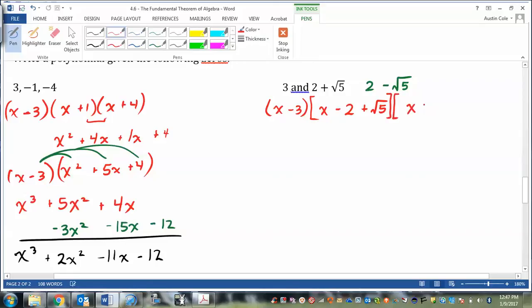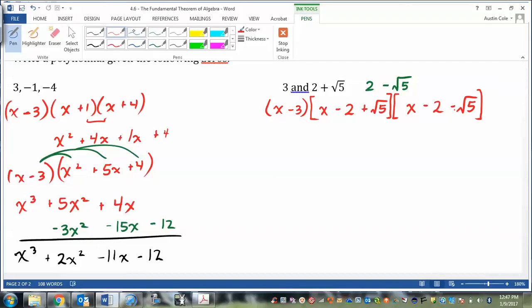And x minus 2 minus the square root of 5. Are there any questions about how I wrote that? Again, if there's a square root or an i, it's going to come in pairs of 2, so it's the opposite sign. So since this was already plus square root of 5, I just did the opposite sign, which was minus. Now, we need to multiply all those together.